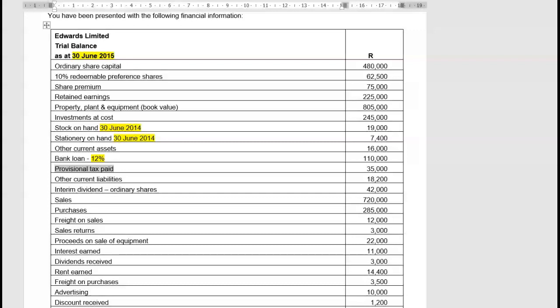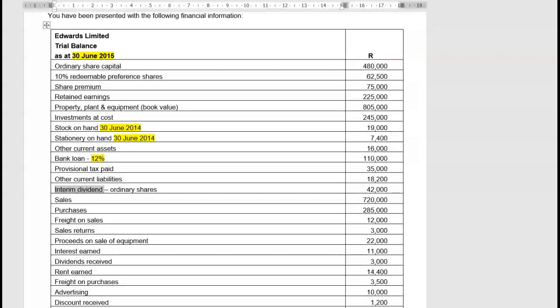So provisional tax paid will never, ever be in your income statement. That is a statement of financial position entry. Other current liabilities, interim dividend. Now, you know that a dividend is a profit distribution made to the owners or to the equity holders of a company.